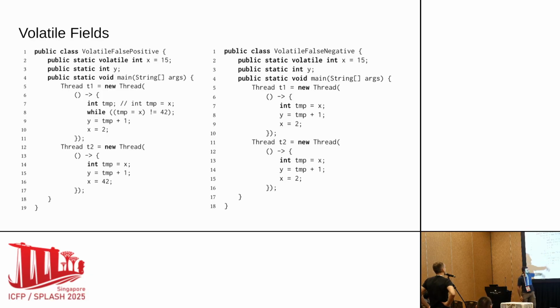Because the access to y is not synchronized by it. And all the tools that consider volatile accesses to synchronize with each other will miss this race. So in order not to miss this race, we have to allow this false positive. I mean, it depends where you read from dynamically. If you read from volatile, right?